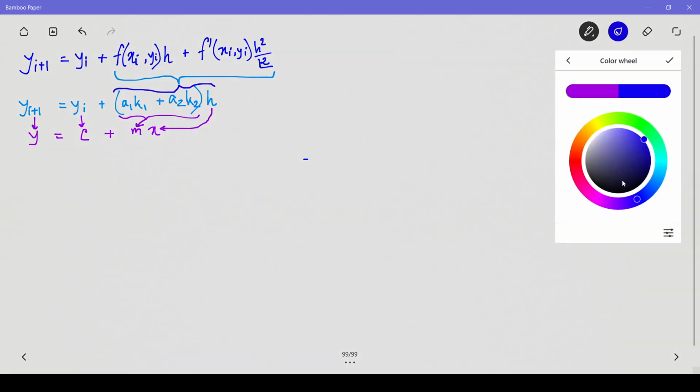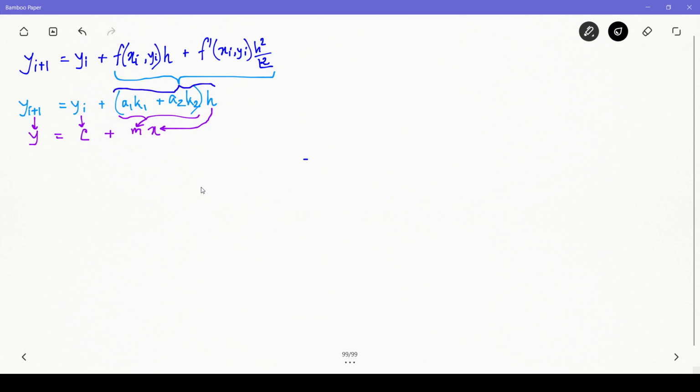So what did we say back in our lecture slide? We said that the slope value k1 is the functional value of the bivariate function at the point x sub i comma y sub i, right? And what is k2? k2 was the functional value of the bivariate function at a particular intermediary point, right?